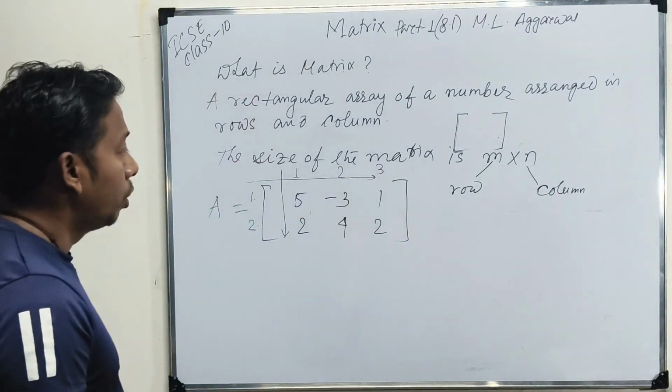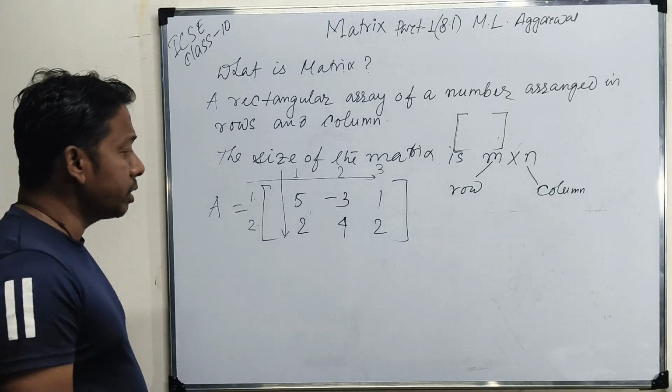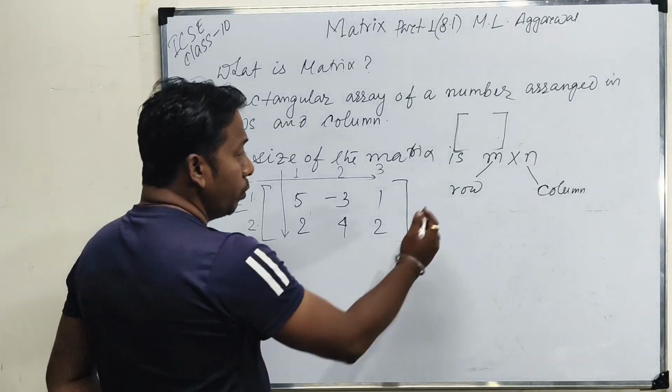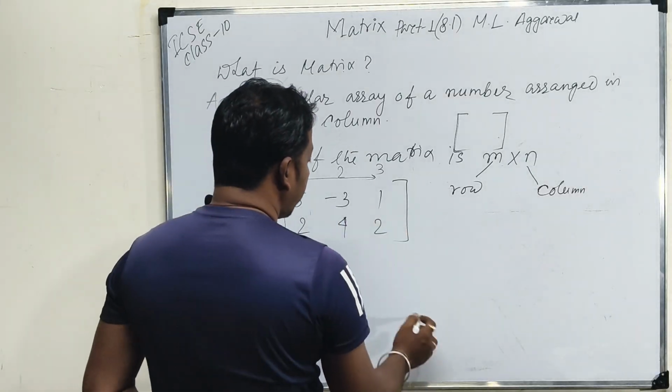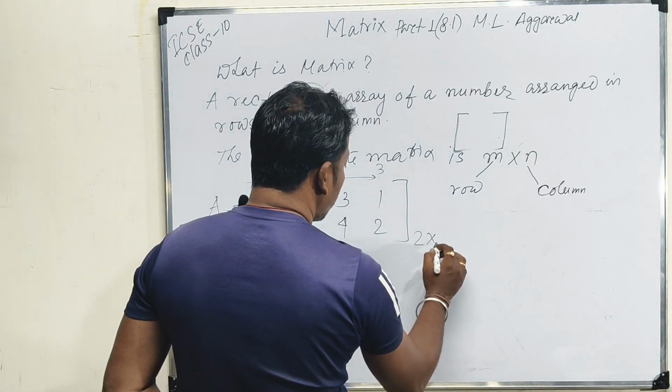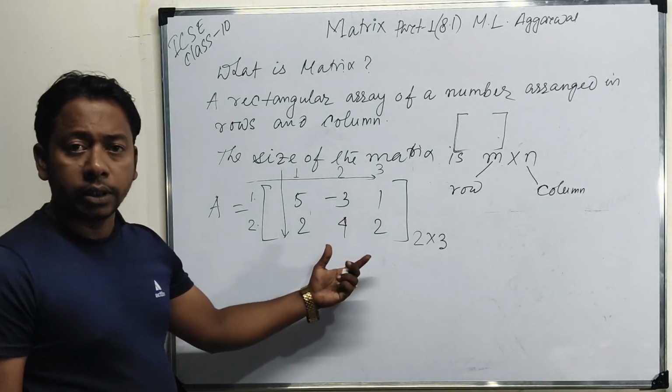So what is the size of this matrix? First we denote the row, then the column. The number of rows is 2 and the number of columns is 3, so you can write 2 cross 3. There are 6 elements.